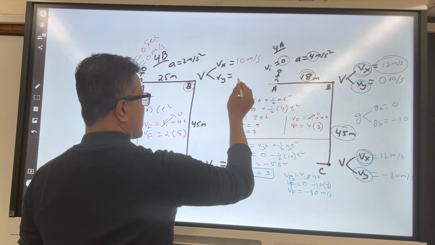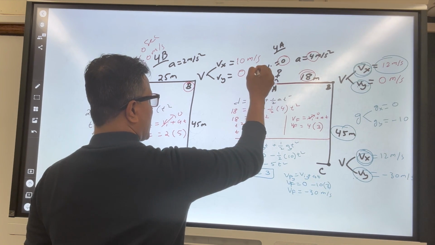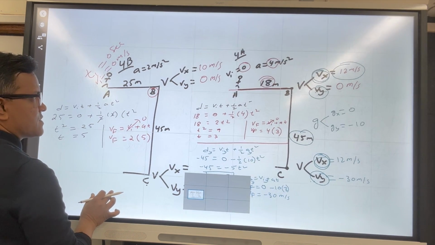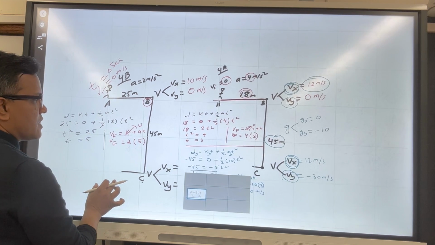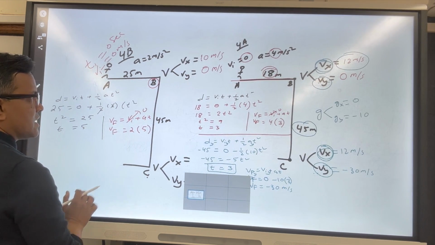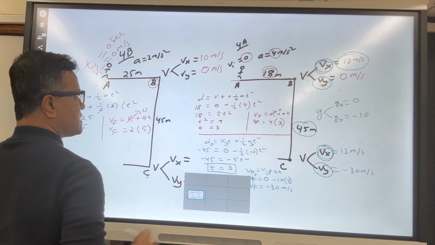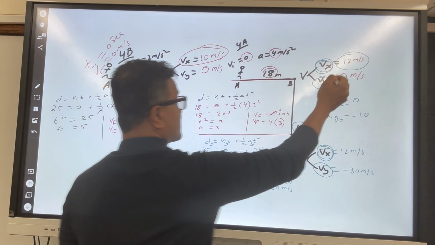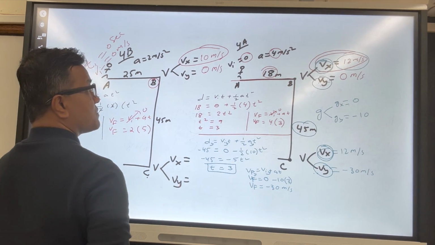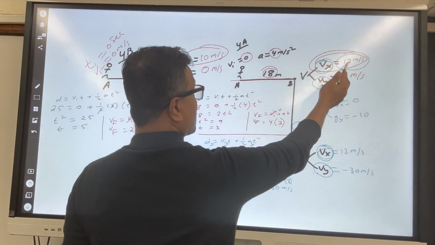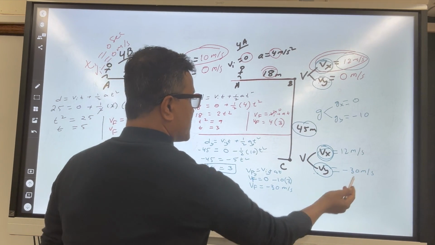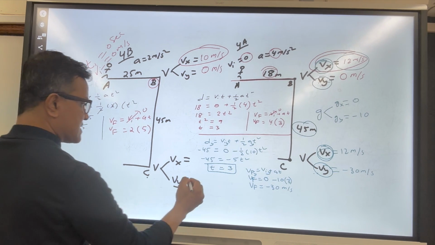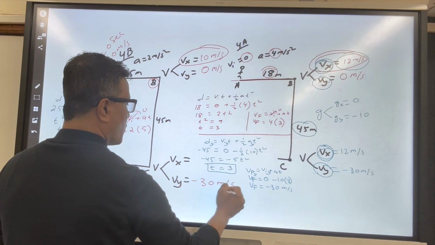All right, this one is of course 0 meter per second because in the y direction, by definition, it is 0 meter per second when you run off. Now you're probably thinking that Vy is going to be different because Vx is different. You probably think that Vx is 12, so this Vy is negative 30, and this Vx is 10, so this Vy would be something else. No, it's still negative 30 meter per second. Why is that?